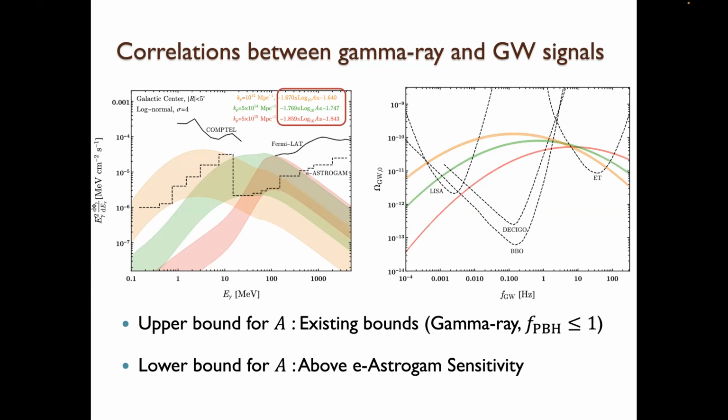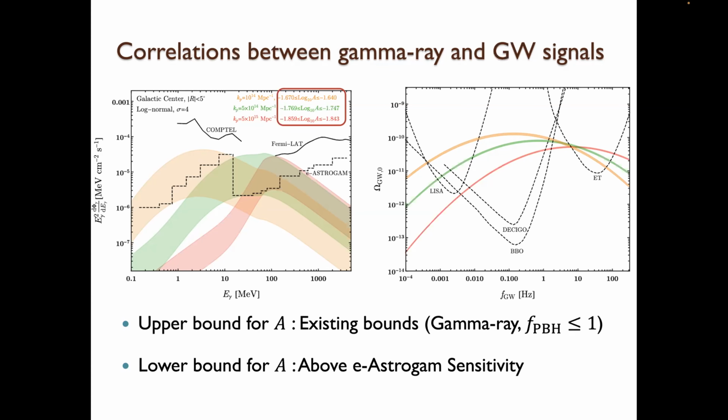And this lower bound comes from the lower end, and we choose the band so that the upper bound is the largest yet still satisfying the current bounds. For example, from the gamma ray signals from COMPTEL or Fermi, and the total PBH fraction should be smaller than 1.